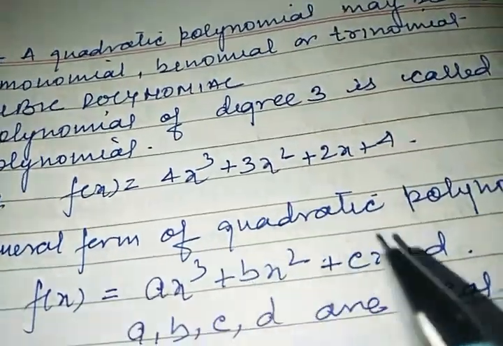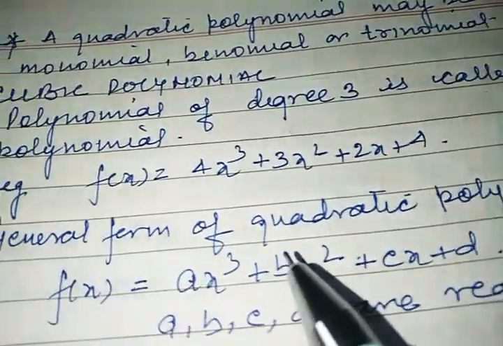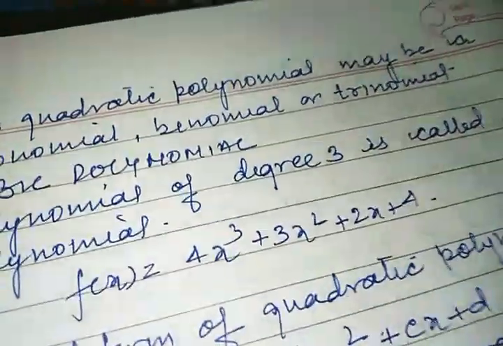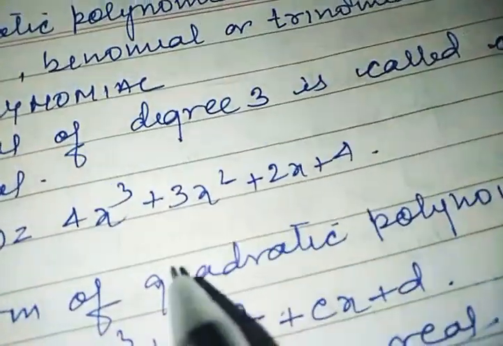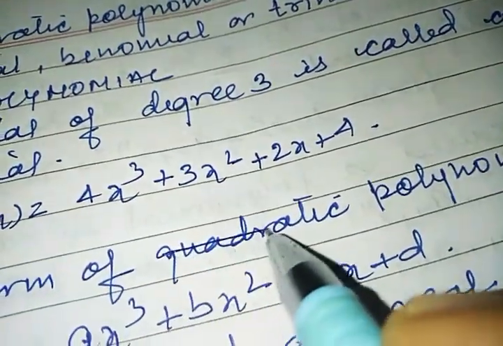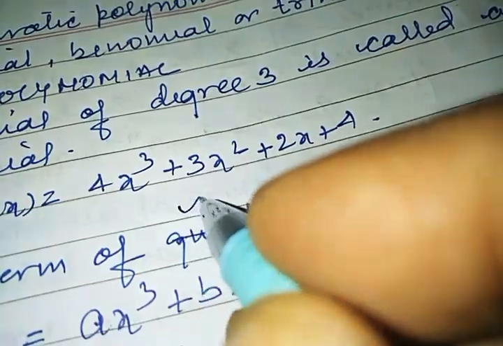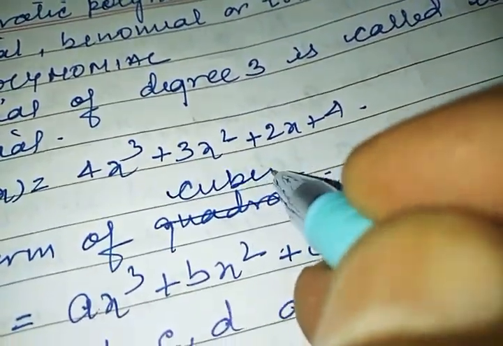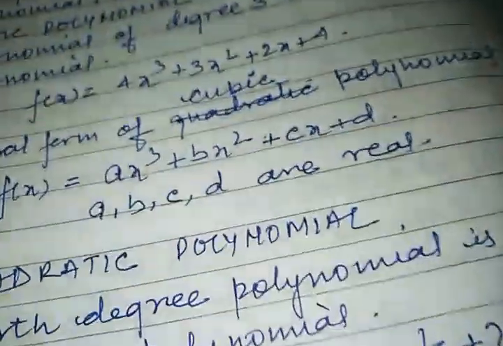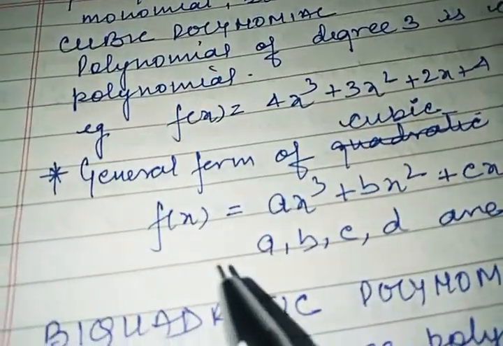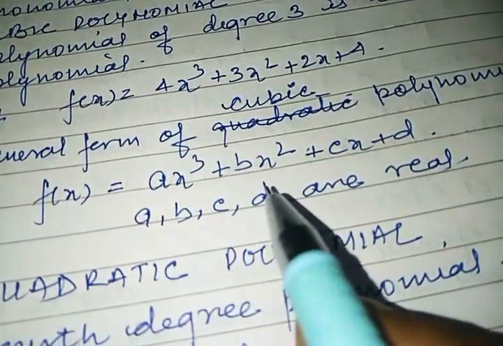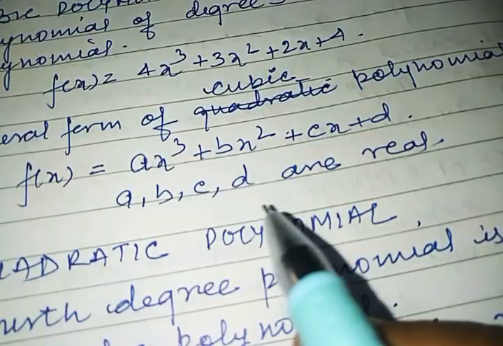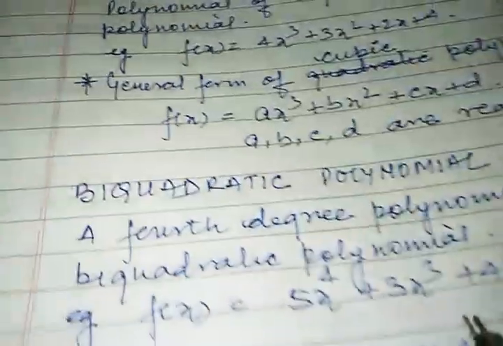So general form of this cubic polynomial, not quadratic, this is cubic, is f(x) = ax^3 + bx^2 + cx + d, where a, b, c, d are all real numbers.